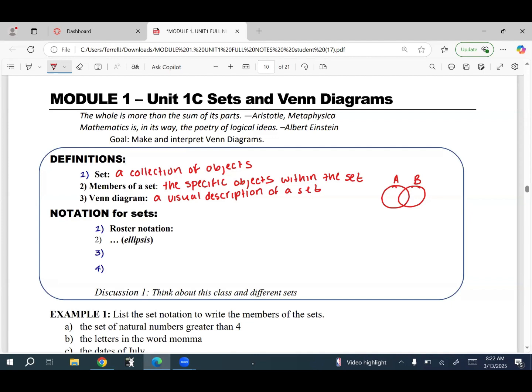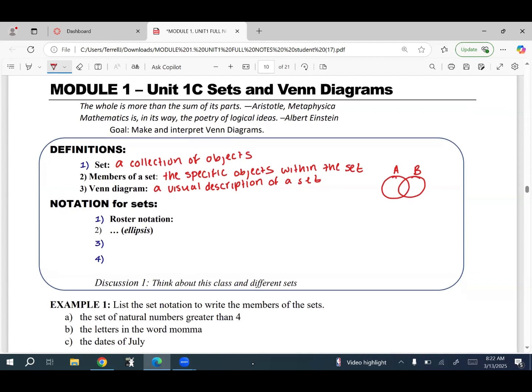Now let's look at notation. I'm not going to go over too many, but one notation that's useful is called roster notation. With roster notation, we list members, and remember, members are the objects within the set.